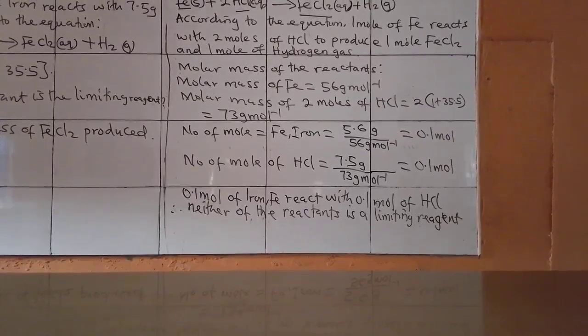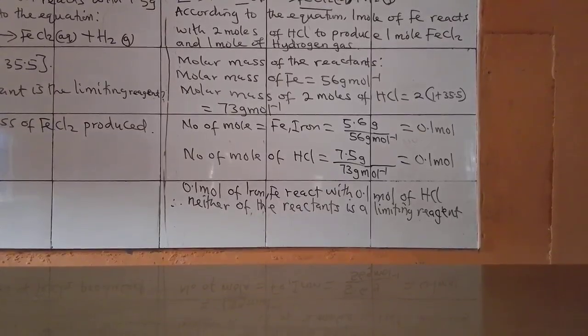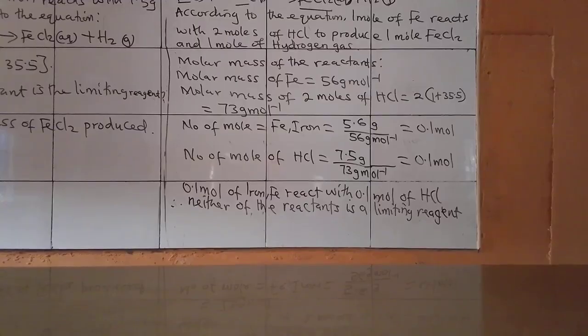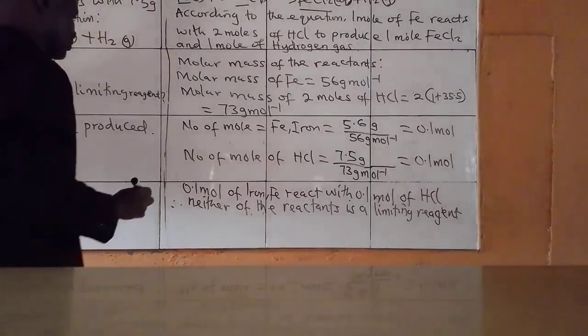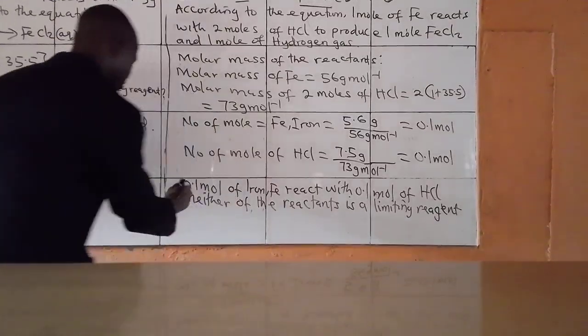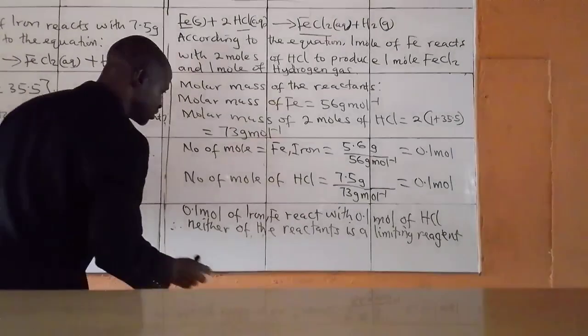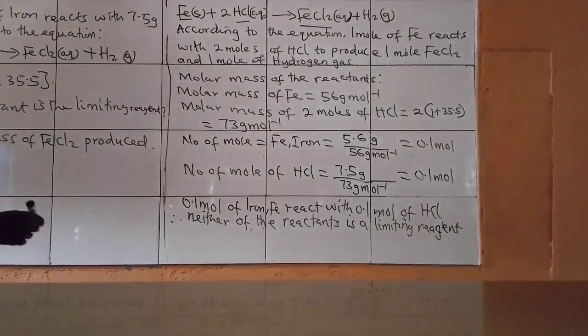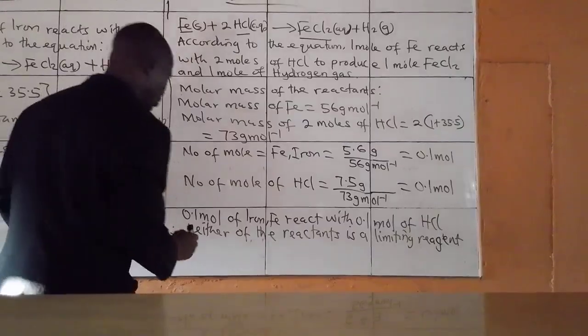For us to calculate the mass of iron(II) chloride, we are going to make use of the connection between iron and iron(II) chloride.